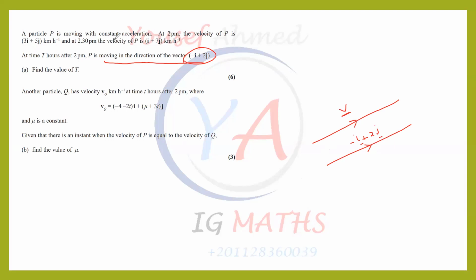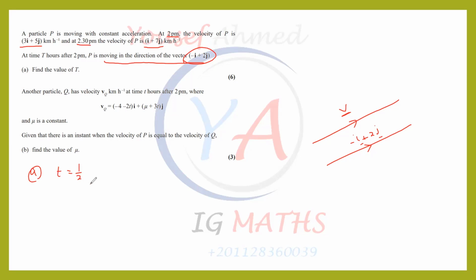Now we have the position vector, or v node, and then we have u, and this is v after a specific time. The time is 30 minutes, which is half an hour, because it started from 2 p.m. and then it's 2:30.